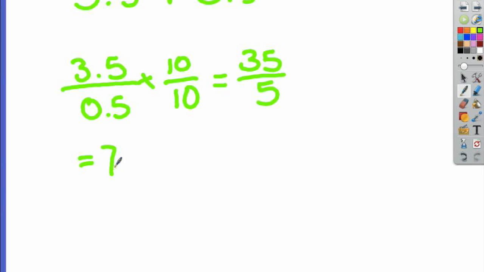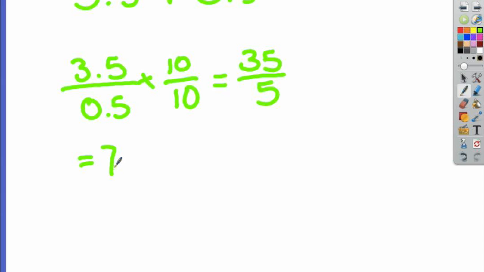I would explain to you why it's not, because then I'd have to show you the standard algorithm, and that would be out of order. But no, you can't keep a decimal on the bottom, okay?